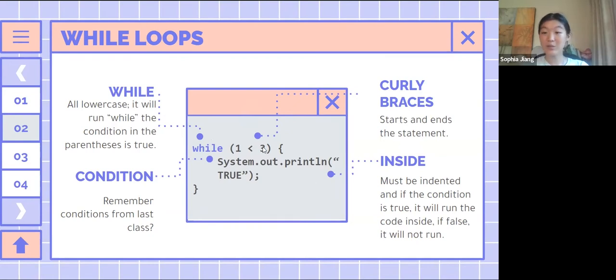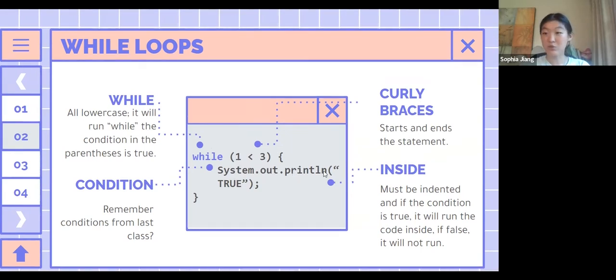If we look at this one in particular, we just have 1 is less than 3, which is true, right? So this will just print out true. But then once it finishes all this printing out true, it'll go back to the top of the while loop and do it again.